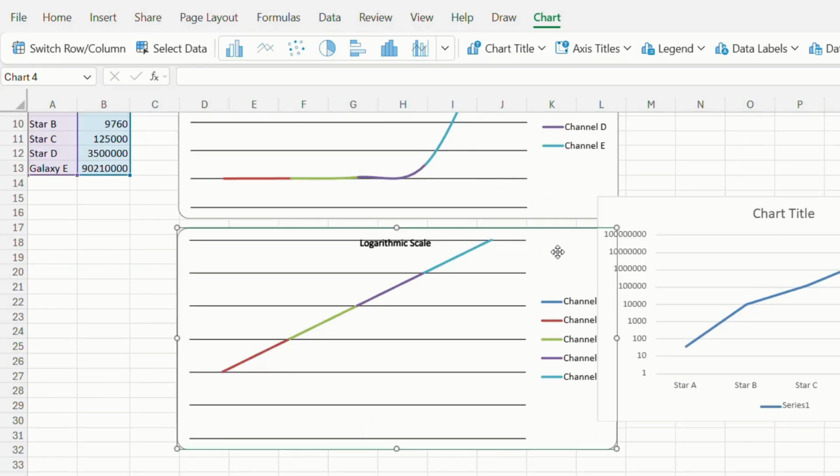But the same data, when we use the log scale, shows the comparison like this linear chart, right? So this is the power of the log scale.